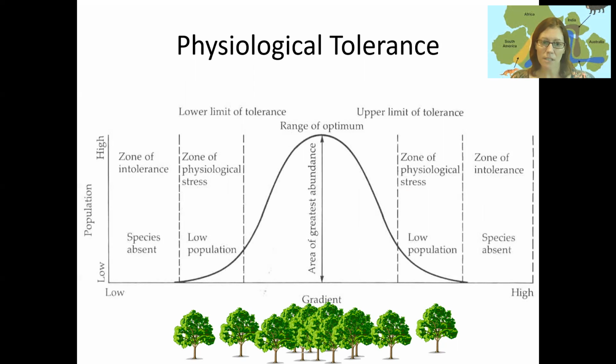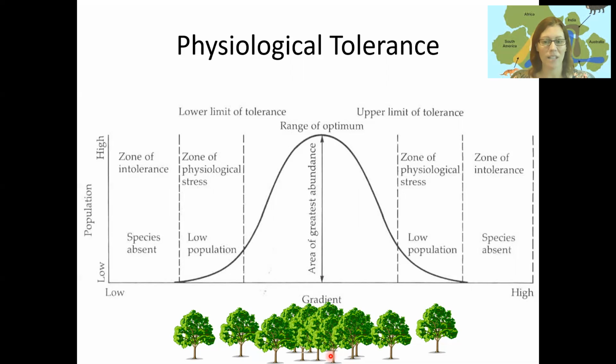If you've got a lot of the species in one particular geography, and that geography has a certain range of temperature and precipitation, and then your population drops off down here when it gets too hot, and drops off down here when it gets too cold or too dry or whatever the conditions are, you can say something about the likely physiological tolerance of the species based on its geography. Because it's really hard to go in and actually measure the physiological tolerance of a bunch of trees.